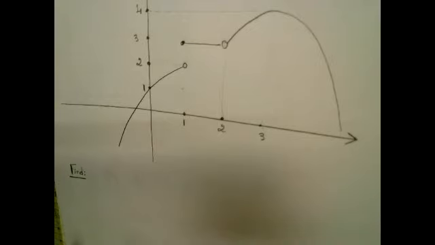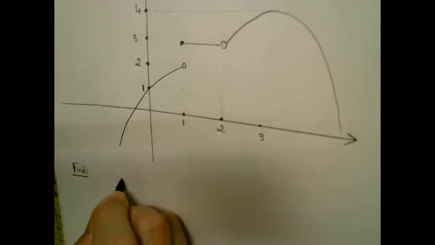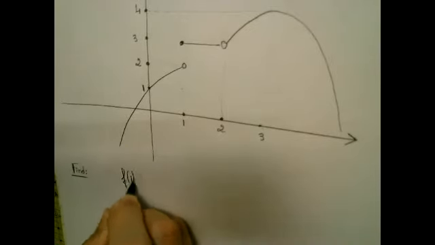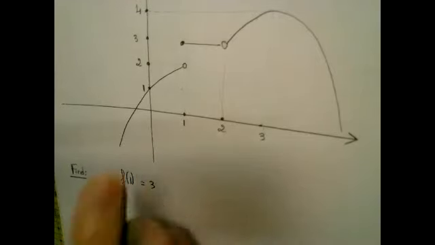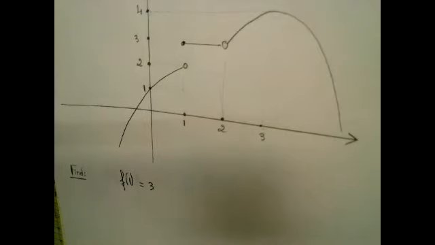Okay. So question number 1, find f of 1. I expect answers on chat. What is f of 1 in this particular problem? Remember, closed circle, so it's absolutely 3. Simple.